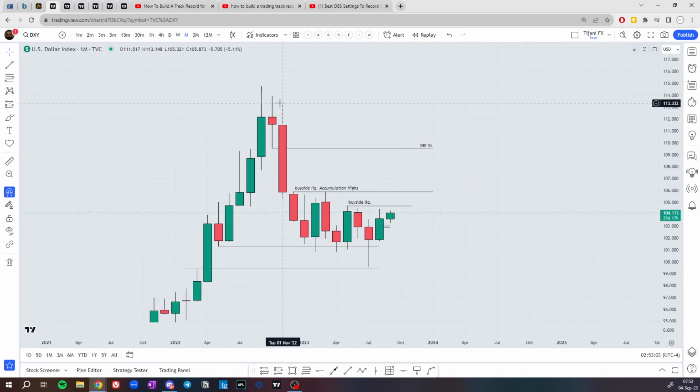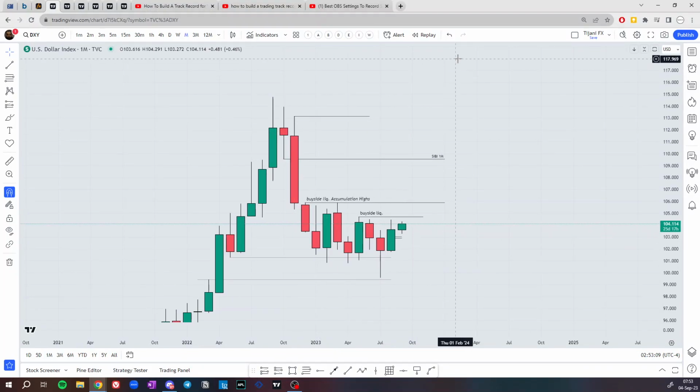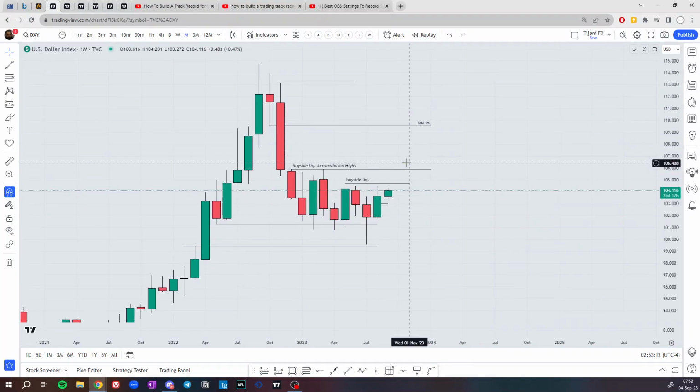Then if price checks this high here, we're going to have a continuation higher, or price could shift from this monthly CB to drop lower. But I'm expecting for now price to rally higher, taking the buy side liquidity above the previous quarterly candle, then the buy side liquidity above the accumulation highs.